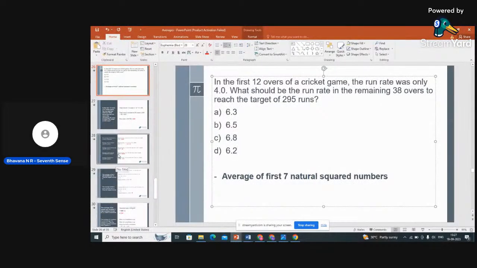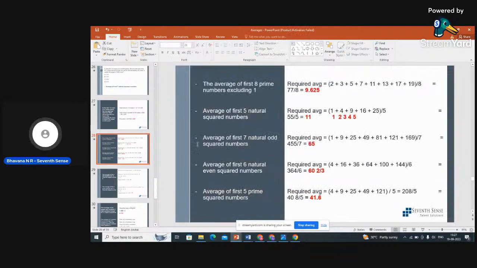Okay. Next. The average of the first seven odd squared numbers. So here what do we have to do? Odd numbers means what? 1, 3, 5, 7, 9, and 11, like that.